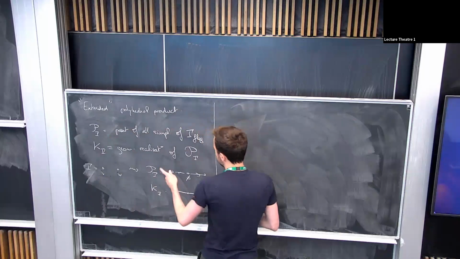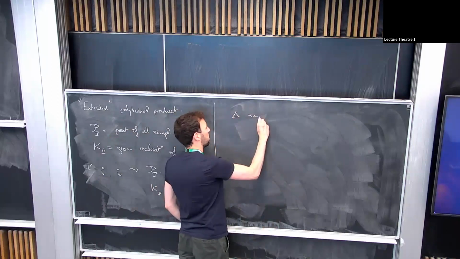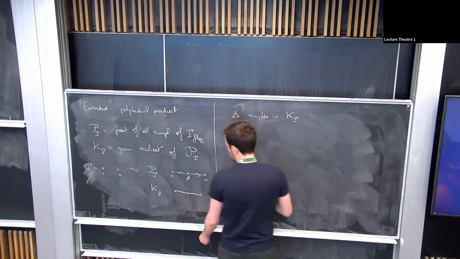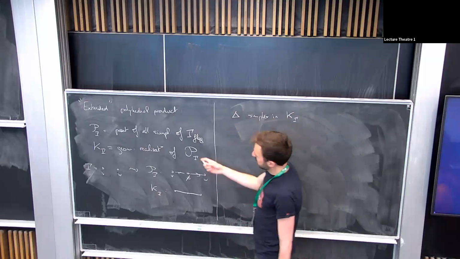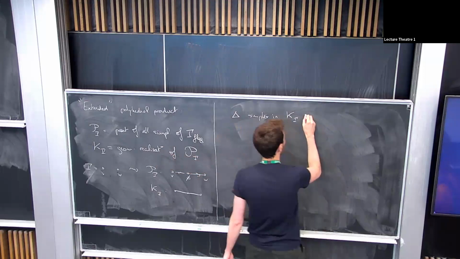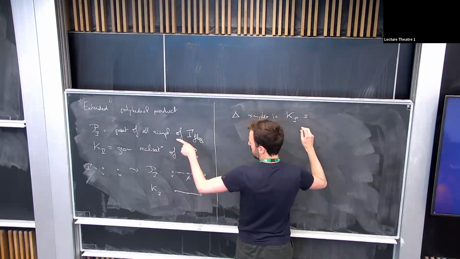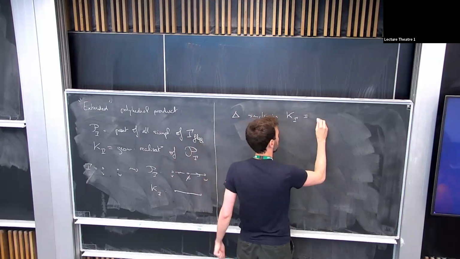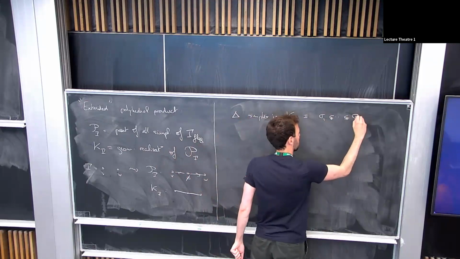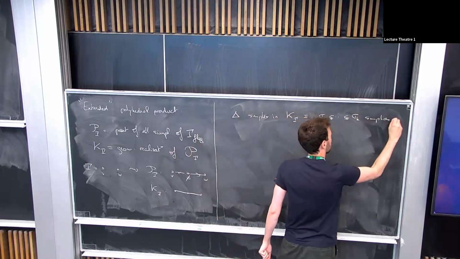So if I take delta, a simplex in K gamma, a simplex in that geometric realization of that poset, that corresponds to essentially a sequence of inclusions of simplices of gamma flag.